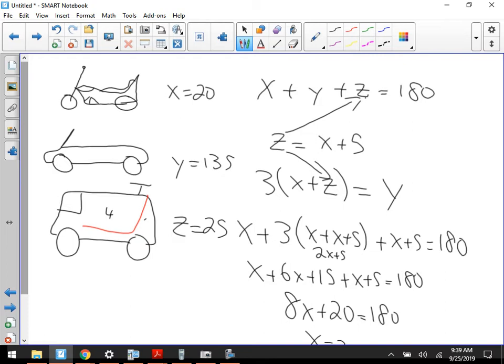The sum of motorcycles and vans is supplementary to the number of cars. That's pretty cool to put into a problem.